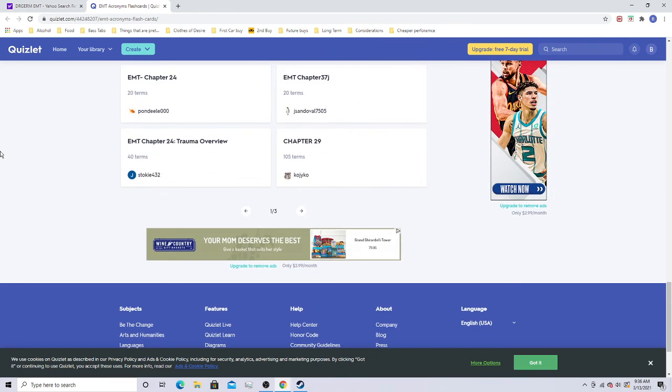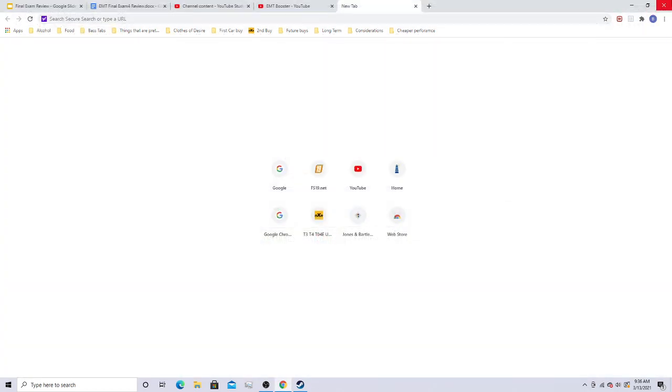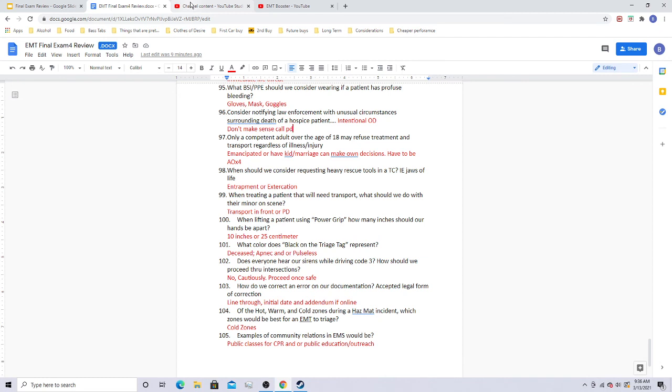So right now we're going to go over a quick little call. Let's say we've got a patient at the gym. They are complaining of chest pain, and you arrive on scene, and it's like 3:30 in the afternoon. You get to the gym, and you see the patient.